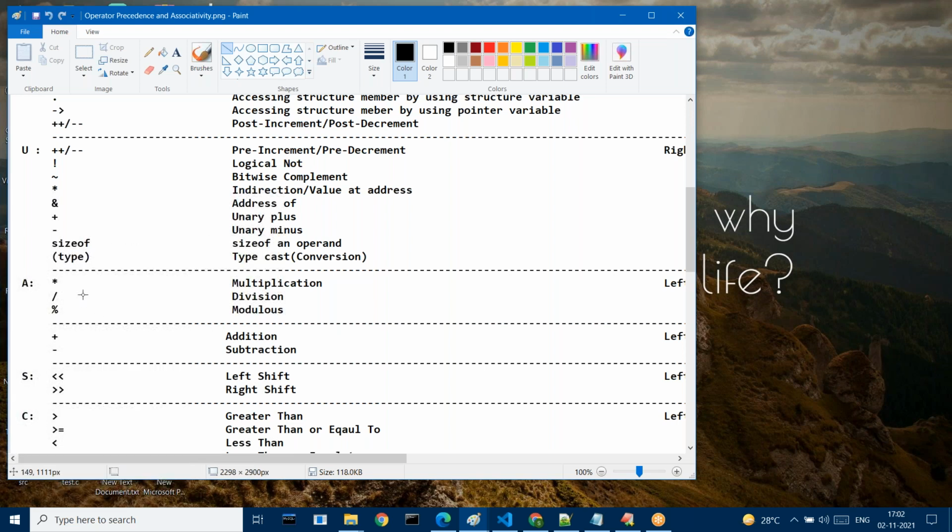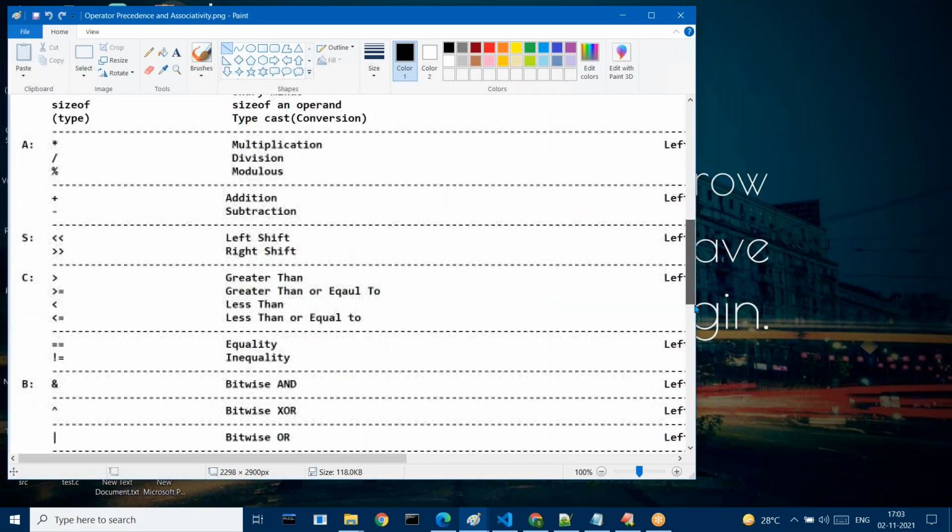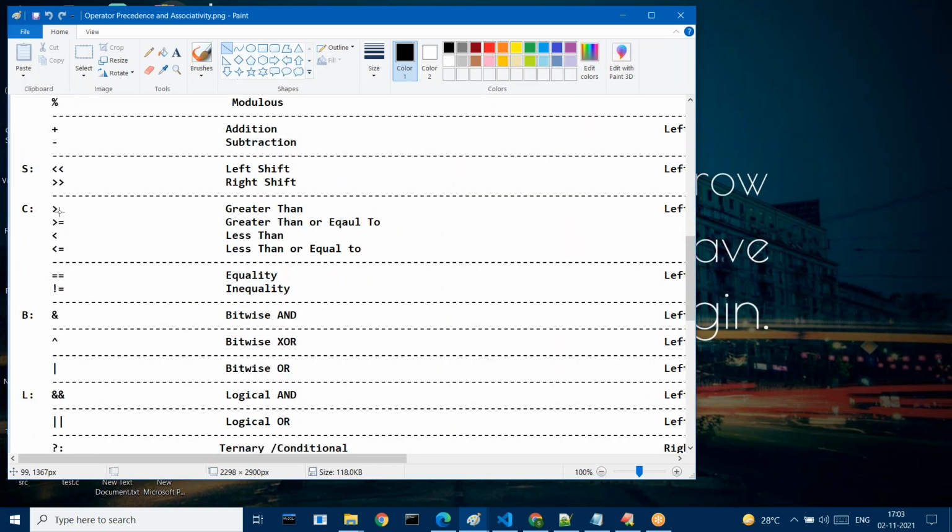Except that, multiplication, division, modular division, plus, minus, left shift, right shift, we explored. Among comparison operators, greater than, greater equal to, less than, lesser equal to, we discussed. Equal to, not equal to, we discussed. Bitwise and, XOR, or we discussed.